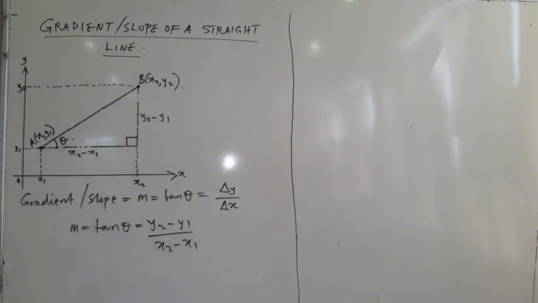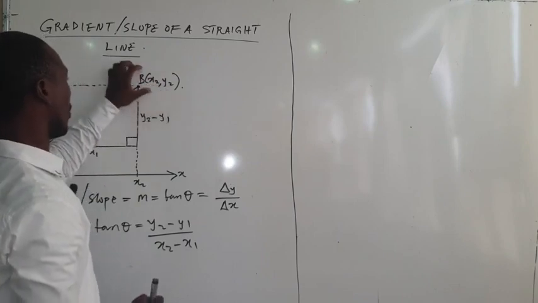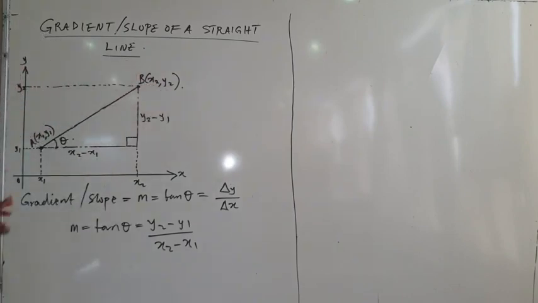If you are given any angle and you have to find the gradient, you can just say gradient equals tan theta. Or if you are given 2 points, the 2 points must have their coordinates. So if you are given point A, you must have coordinates x1, y1, and coordinates x2, y2 for point B. It depends on what you are looking for.